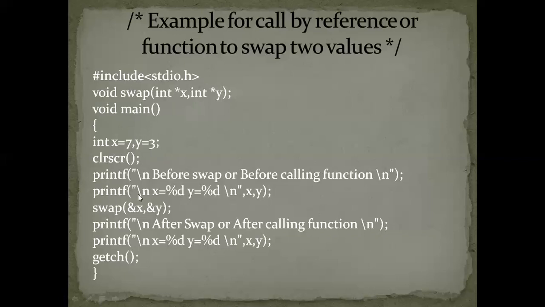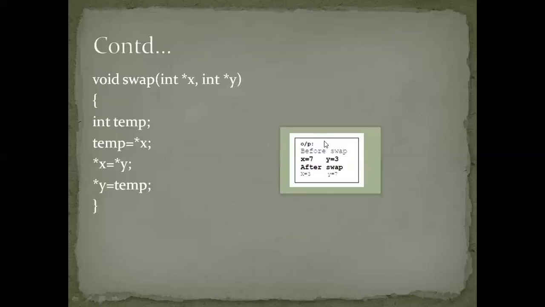Next, before swap, or before calling the function, what is the value of x and y? The x and y values remain the same because I am not going to perform any operation, that is x is equal to 7, y is equal to 3. So we'll just check before swap. Before swap, the output is x is equal to 7 and y is equal to 3.